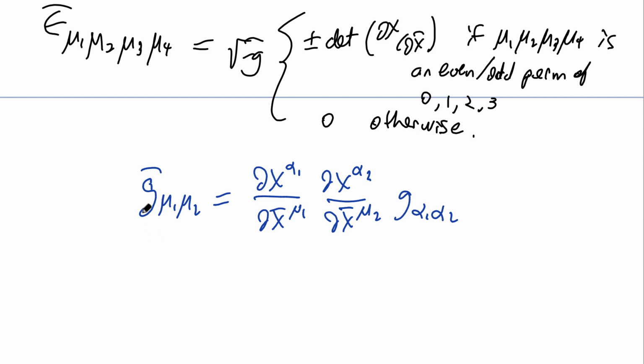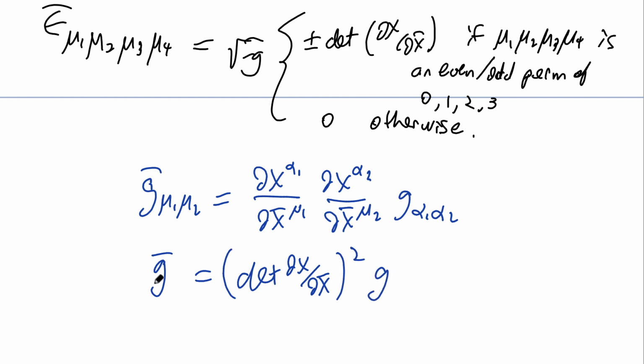The determinant of g bar is just, we denoted g bar. And remember, the determinant of the product of matrices is just the product of the determinants. So we have two factors of the determinant of partial x with respect to x bar times the determinant of g. And now multiply by minus 1 and take the square root.